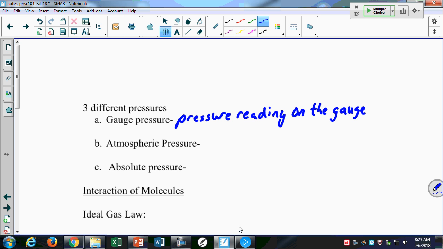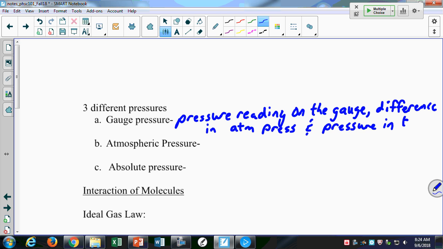So what your pressure gauge does is compare the pressure inside your tire to the pressure outside the tire. Your gauge pressure is just the difference in the atmospheric pressure and the pressure in the tire.